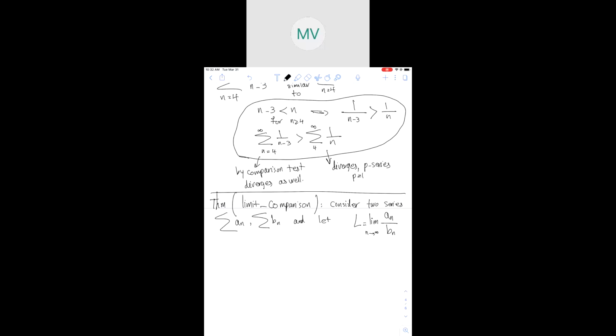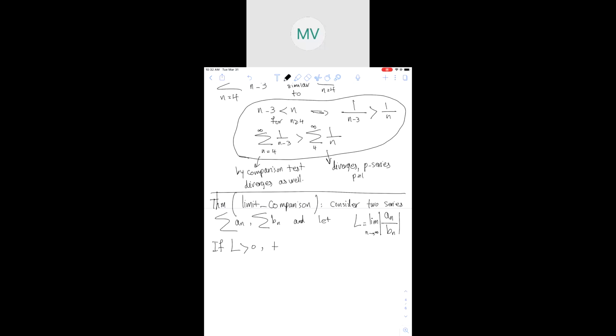And let's make this an absolute value in case you have some negative terms. Let L be this guy. So of course, you know L is bigger than or equal to 0. Now, if this L is non-zero, so if it's strictly bigger than 0, this only works if L is non-zero. Even if it's 1 over a million, this test still works.